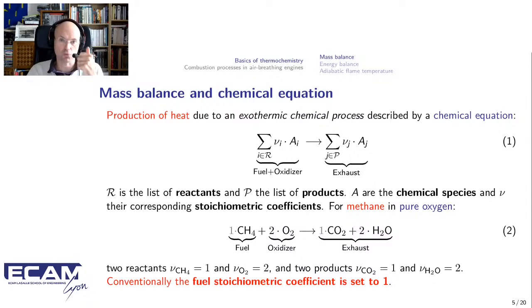So it's 1 molecule of methane, so 1 mole of methane, which needs to be combined with 2 molecules of oxygen, and so 2 moles of oxygen. If you combine them in your system, your combustion is said to be complete, and at the end you will obtain 2 different products: 1 molecule of carbon dioxide and 2 molecules of water, or 1 mole of carbon dioxide and 2 moles of water.